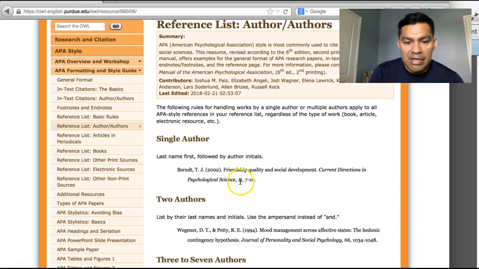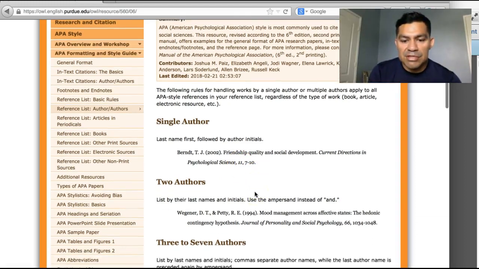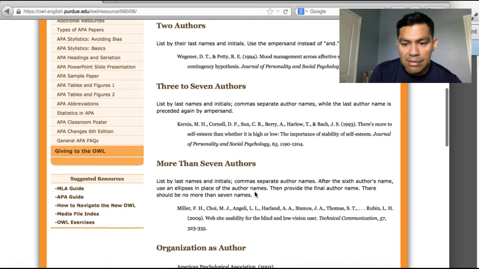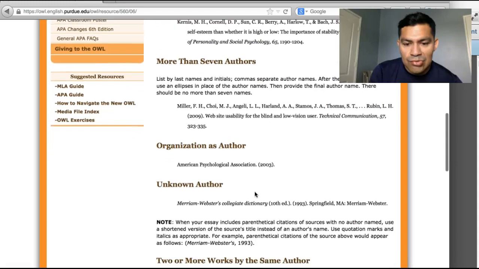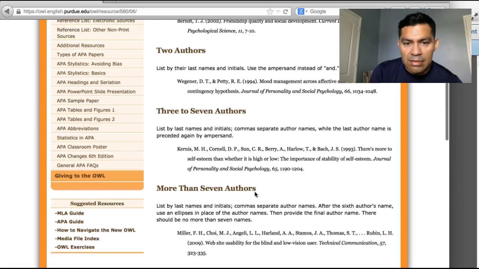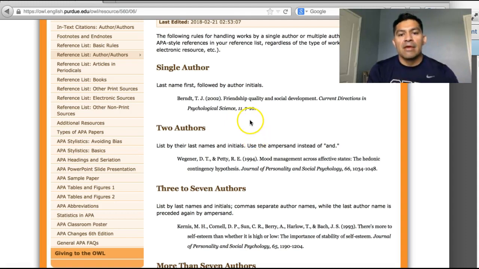From there, you put a volume number, and if there's an issue number, it would be in parentheses right next to the volume number. And only those things are italicized.